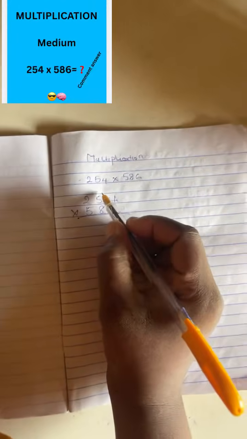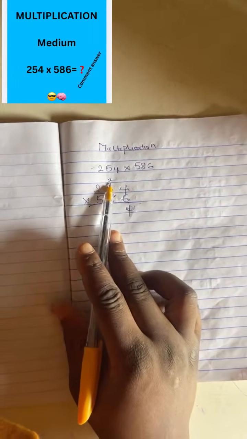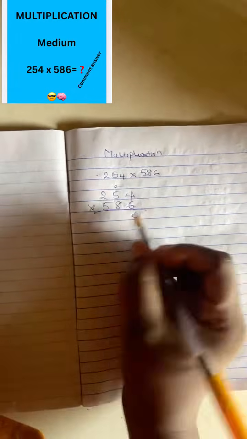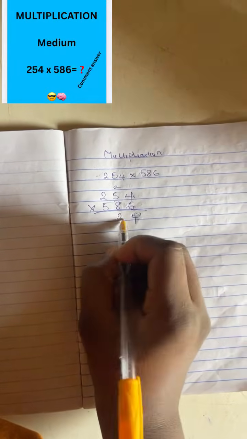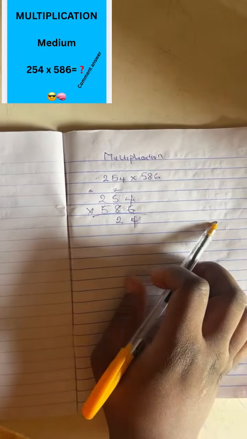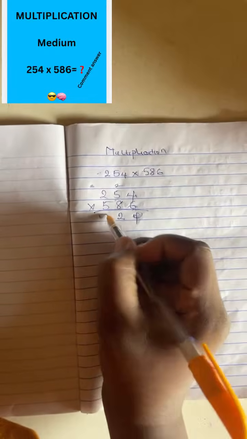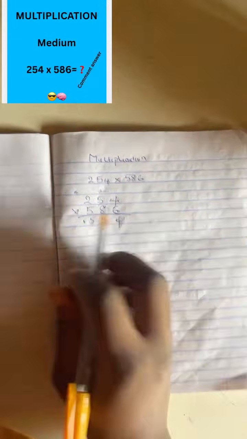You write 4. Carry 2. 6 times 5 is 30, plus 2, 32. Put 3 here. 6 times 2 is 12, 13, 14, 15. Then you start with this one again.